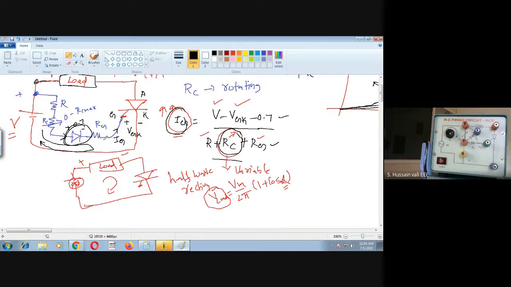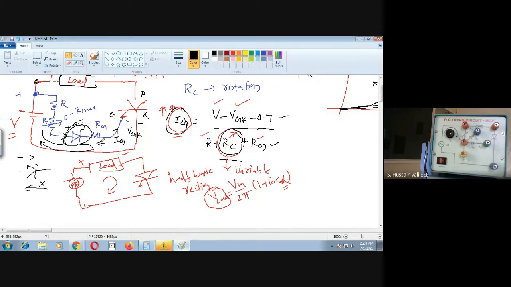The reason is that we don't want the current to flow in the opposite direction. That's the main purpose. When we have the diode in this direction, you know very well the diode conducts from anode to cathode. It cannot conduct in the opposite direction. Sometimes there may be a possibility that the current may flow in the opposite direction.